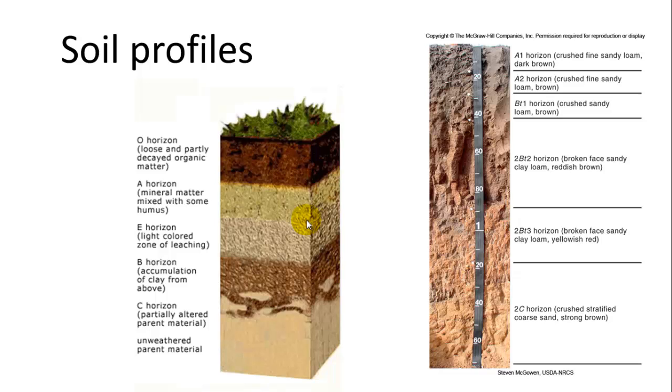The E horizon has some leaching occurring, so water comes through, dissolves things, and brings them down. The B horizon, which is where you have accumulation of clays from the previous layer. And then the C horizon has the parent material with some mixing of the clay, some wearing of that parent material. And then you have unweathered parent material under that.